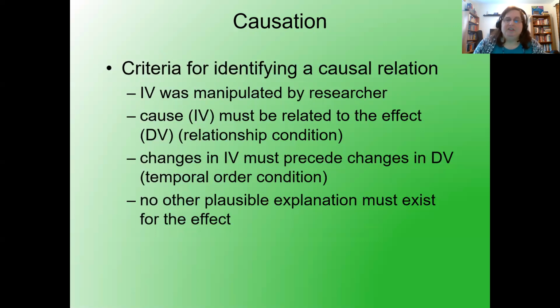And as I said, here's the toughie, no other plausible explanation must exist for the effect. Who knows? Right? Maybe people who were assigned to take the garlic got all inspired, decided I'm going to exercise more, I'm going to eat better, I'm going to do all these other things to help out my blood pressure. And maybe people in the non-garlic group said, nah, I'm not going to bother. Why should I? I'm not even in the garlic group. We don't know.